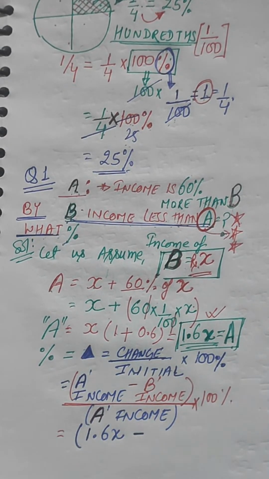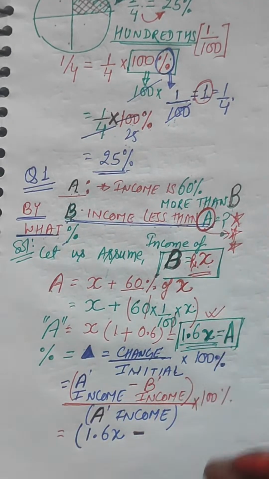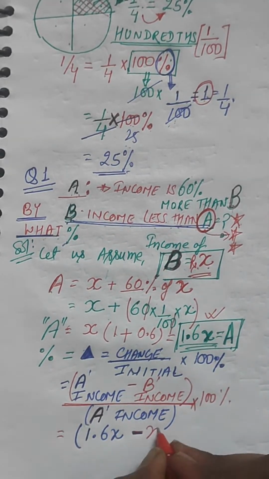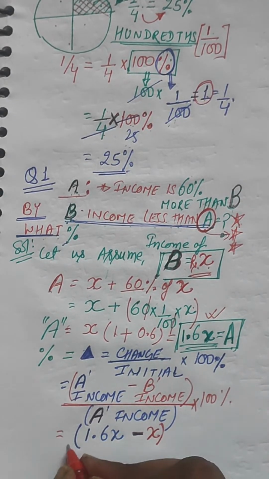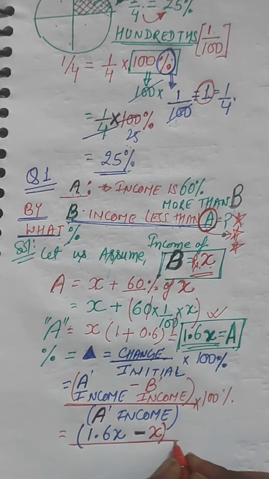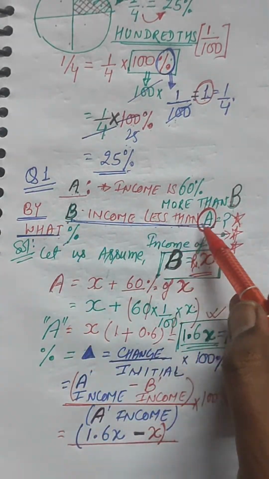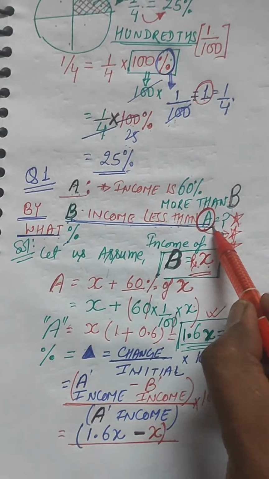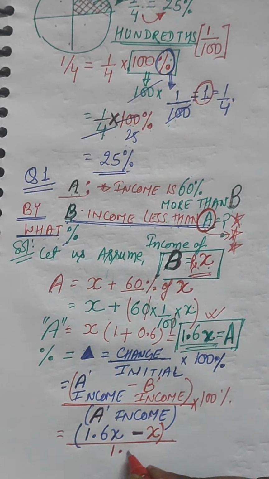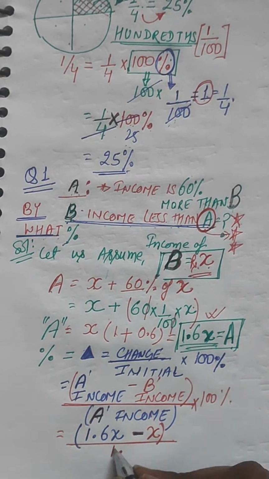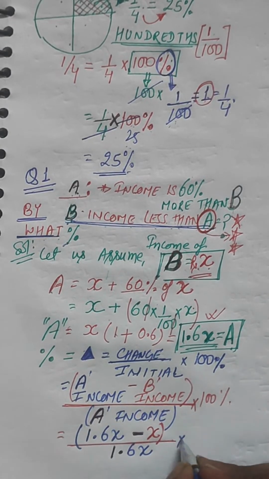minus what is B's income. B's income we have considered as x, so that will be x, divided by, in the denominator, A's income, because by what percent B's income less than A, this needs to be compared with A. So A's income is 1.6x, isn't it?